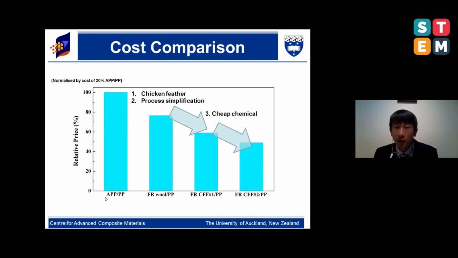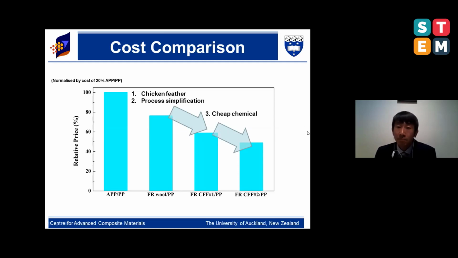By replacing the wool fiber with the chicken feather, simplifying the process, and replacing the ethylene diamine phosphate with melamine phosphate, we can achieve about 30% cost reduction.